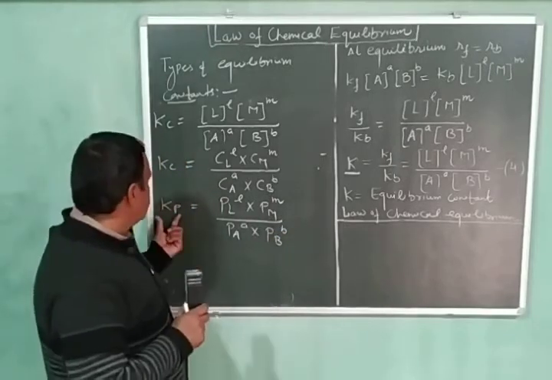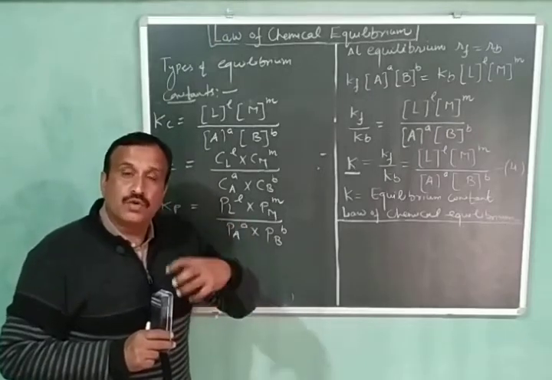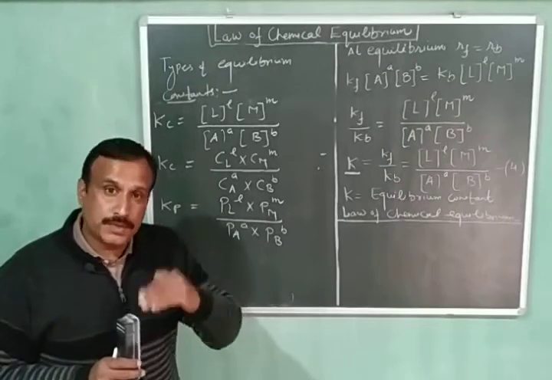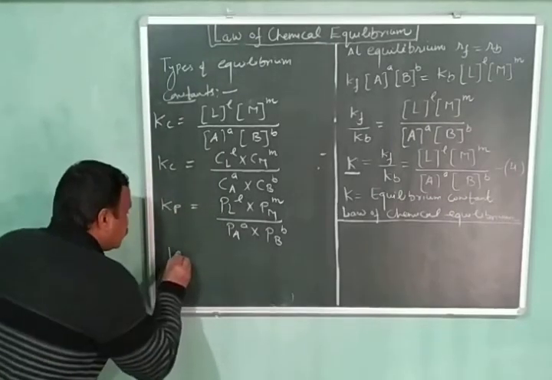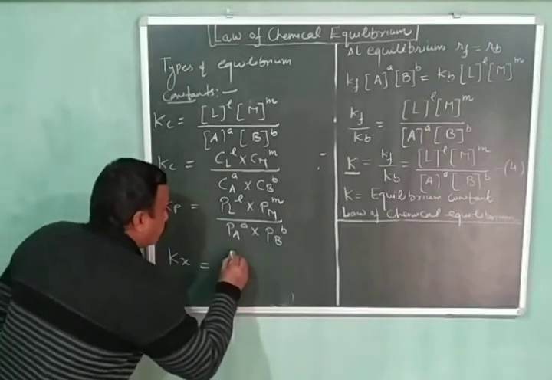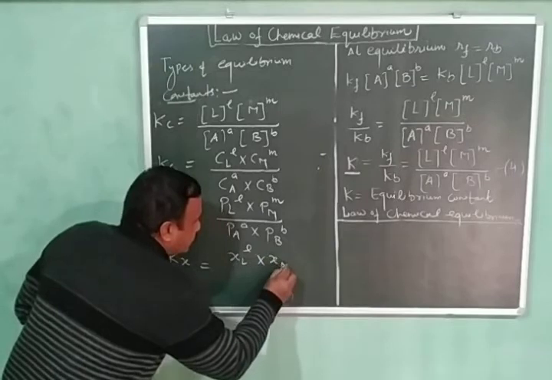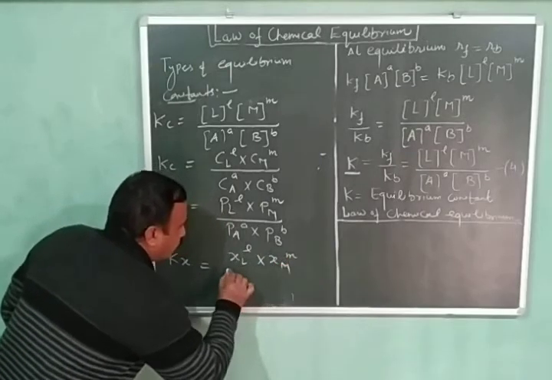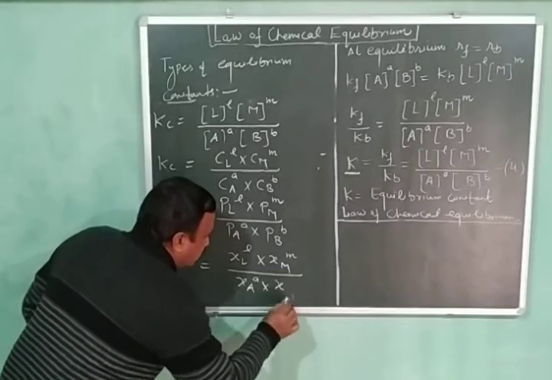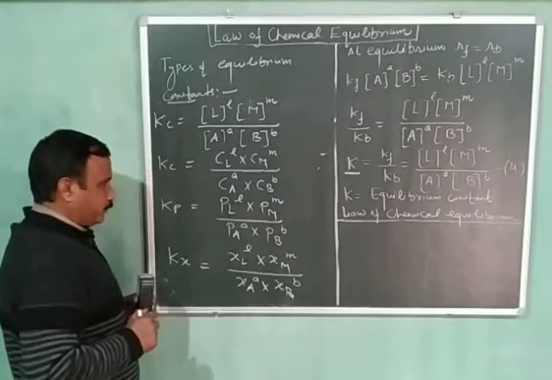Okay, so this is the expression for Kp. Understood? And if mole fractions are used, then the equilibrium constant will be represented by Kx, and it will be equal to Xl raised to power l, Xm raised to power m, divided by Xa raised to power a and Xb raised to power b.